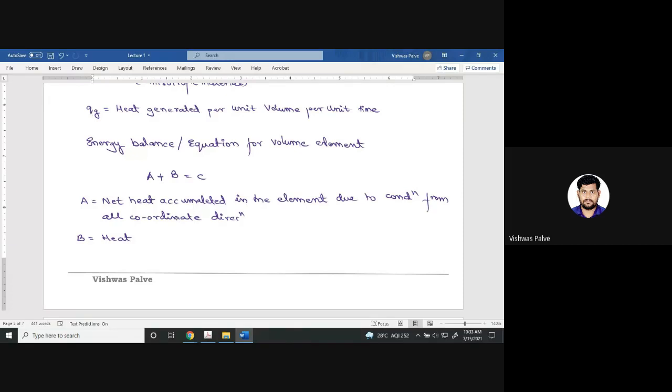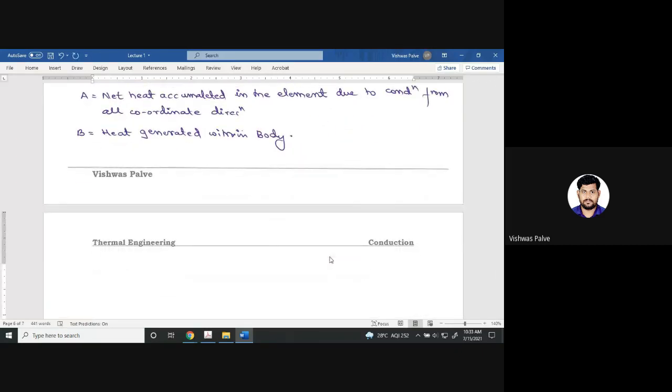So that will be the term which is the heat generated within the body. So that is B part, and the C part is the energy stored in the element.